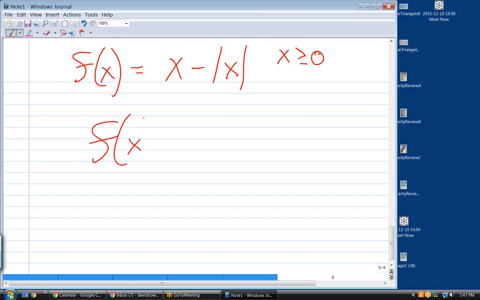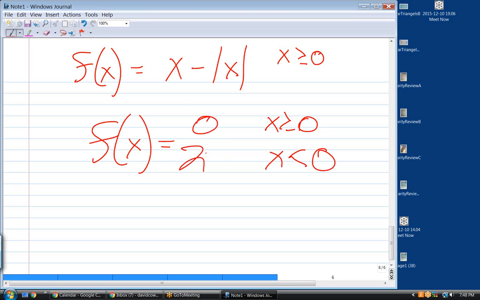If it's greater than or equal to 0, then f of x is equal to 0. Oh, okay, yeah. And then if x is less than 0, then f of x is equal to 2x. Yeah. Okay.